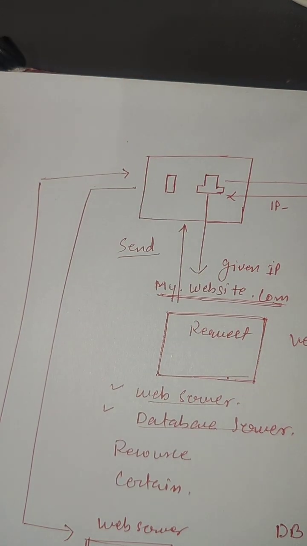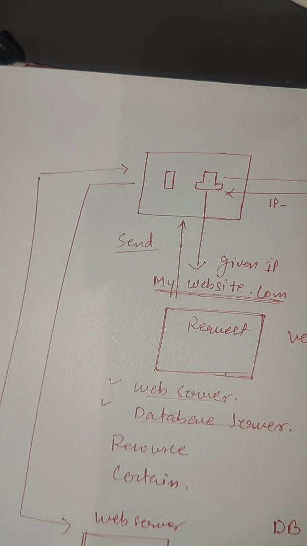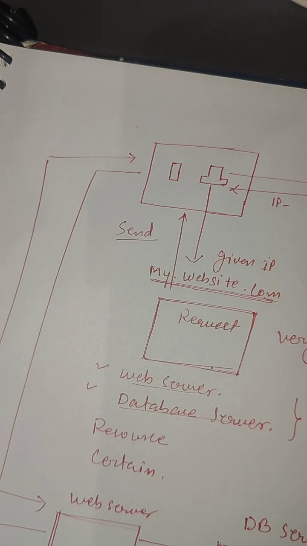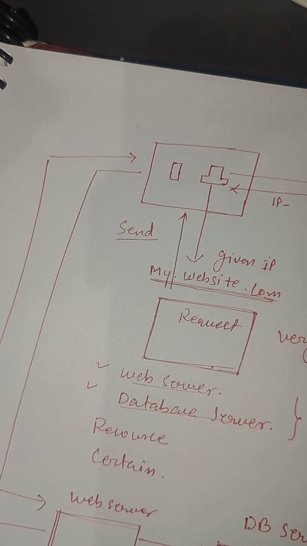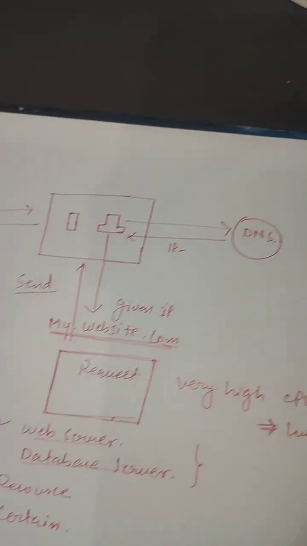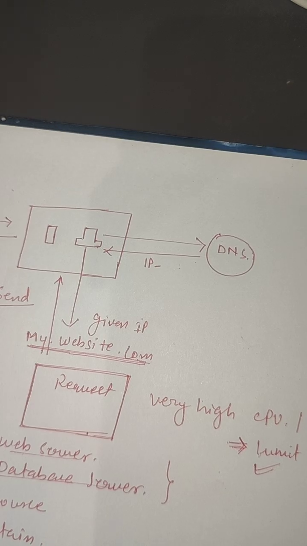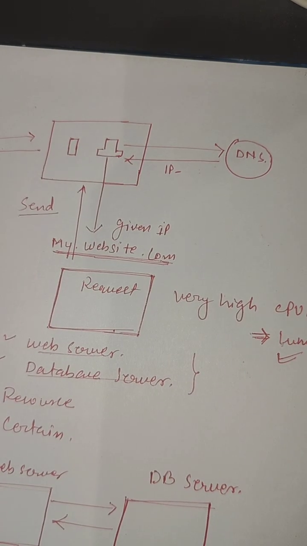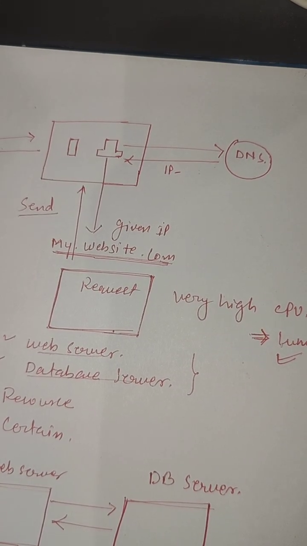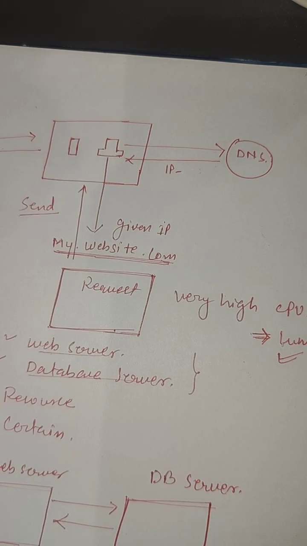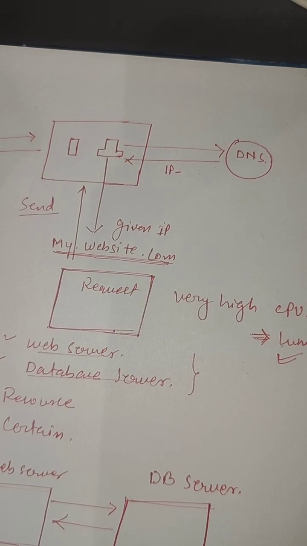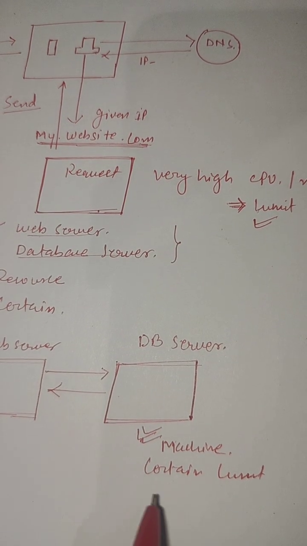So this is how the response goes back to the client. This way we have increased the capability of the DB server and the web server, because whatever enhancement we were doing with one machine, we can now do the same enhancement with this machine and this machine. Again, this is limited. Why? Because this machine can be enhanced only up to a certain limit, after that it cannot be enhanced.